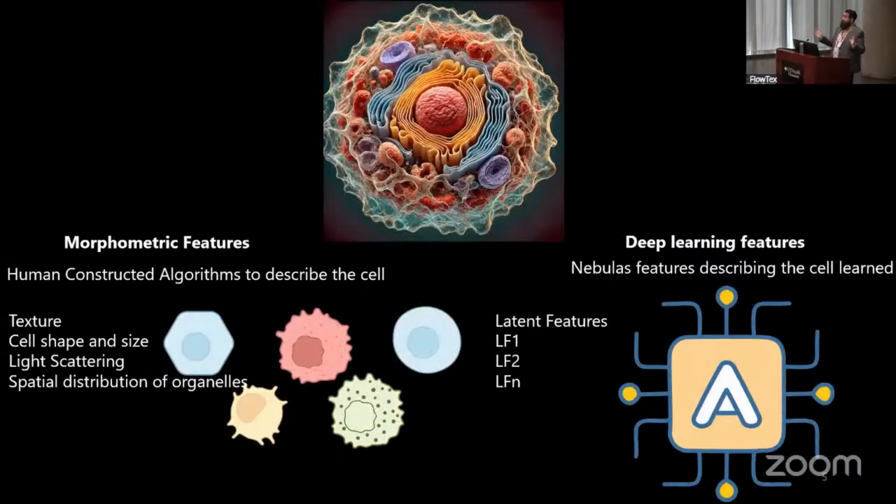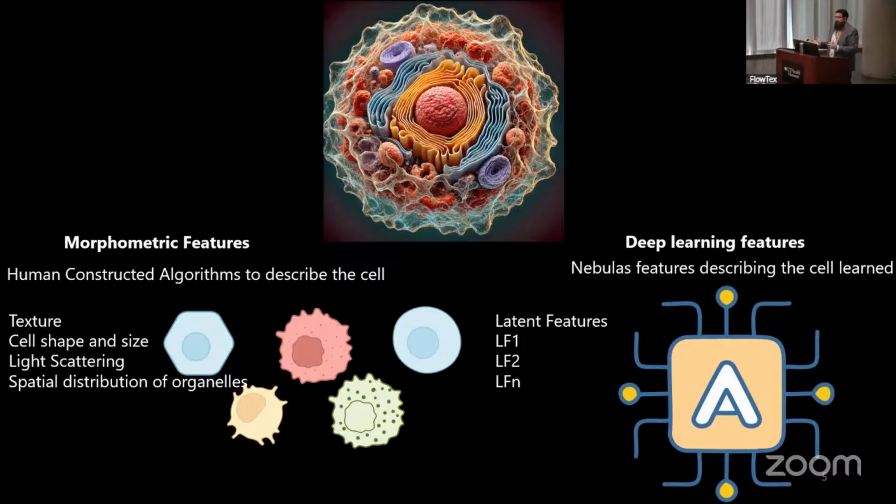So there's two arms to this. You have morphometric features on the left. These are human constructed algorithms that describe the cell. Things like cell shape and size, texture, light scattering, and these spatial distributions of organelles are really just the milieu of the cytoplasm. We have algorithms to describe this.